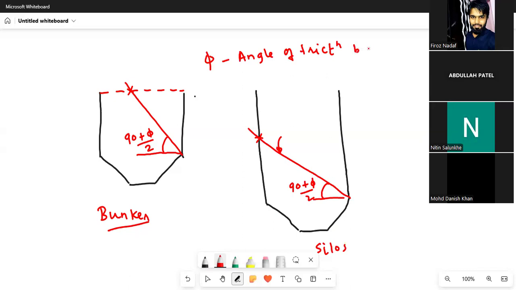So basically it is the angle of friction between the material stored and the concrete. Okay.